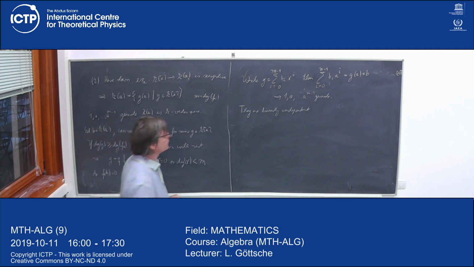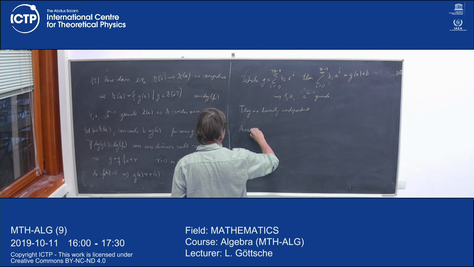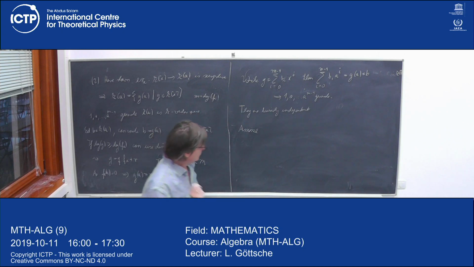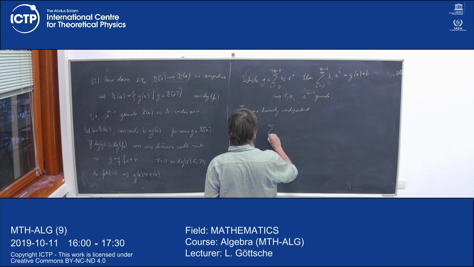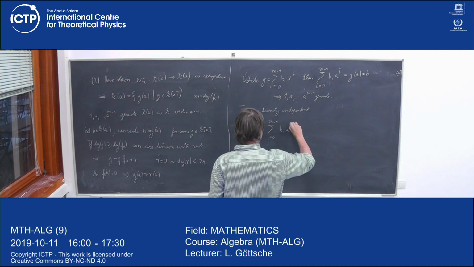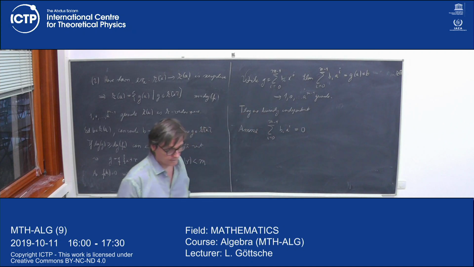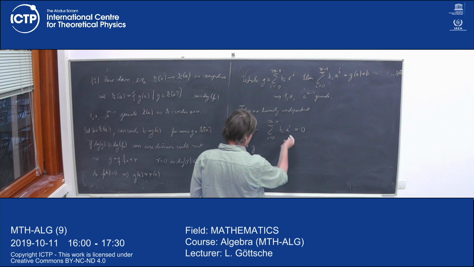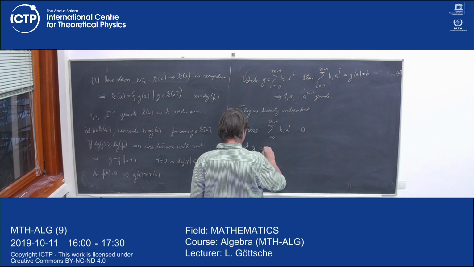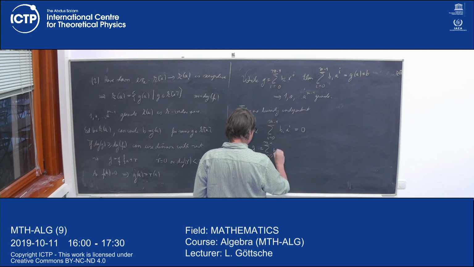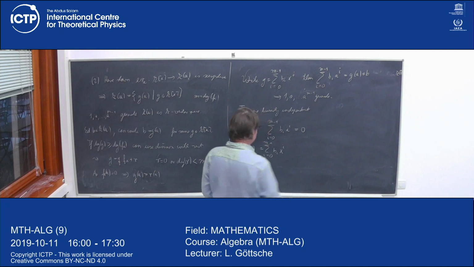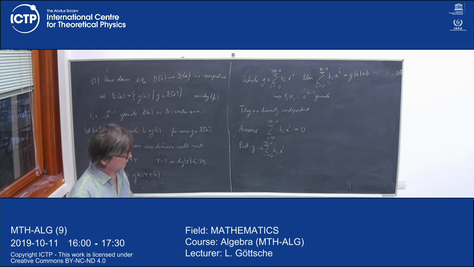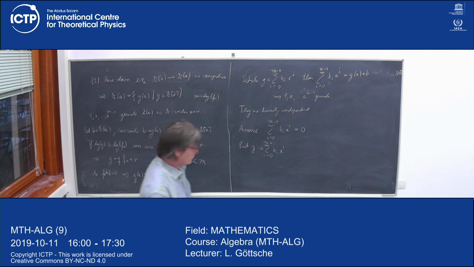So assume we have a linear combination of them which is 0: the sum over i from 0 to m minus 1 of p_i a^i is equal to 0. Then we can put g to be the polynomial corresponding to this, the sum of p_i x^i. So this is the polynomial which evaluated at a gives 0.